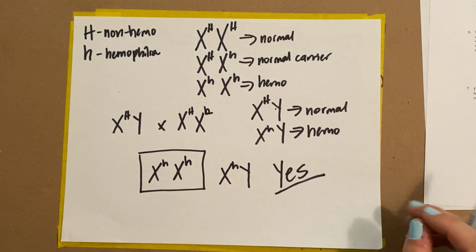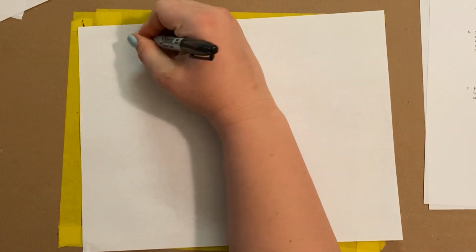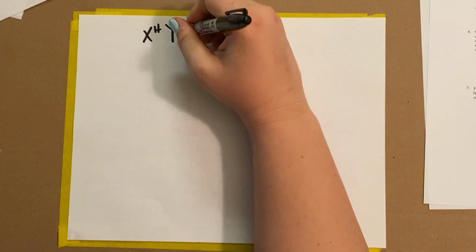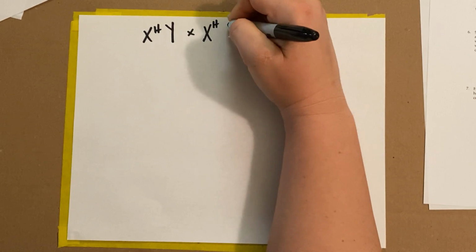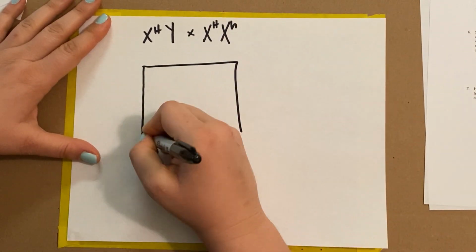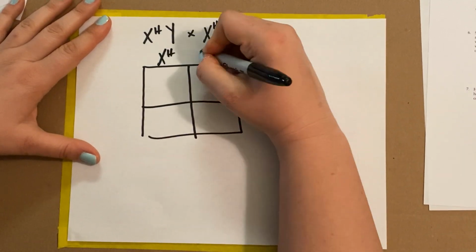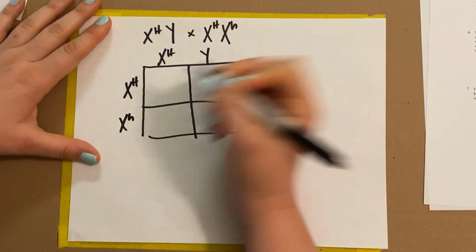I'm just going to show you what that would look like so we can actually see the cross. This is the father, the man who's married to the woman. We'll do that cross so you can see that it would be impossible for there to be a female child that is hemophiliac. Same thing, you do X H, we have the Y right there. This would be X capital H, X lowercase h.